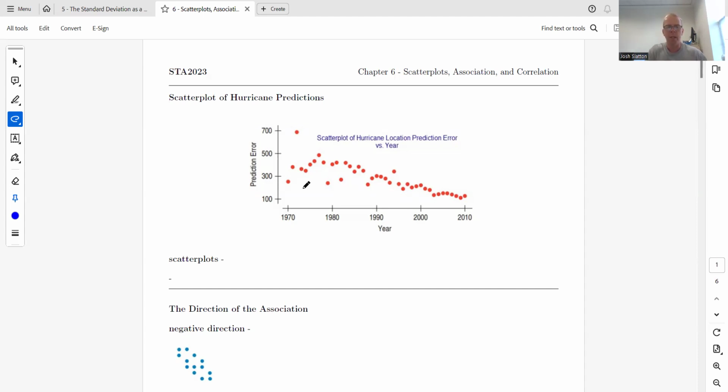So a scatter plot is just something that exhibits the relationship between two quantitative variables.